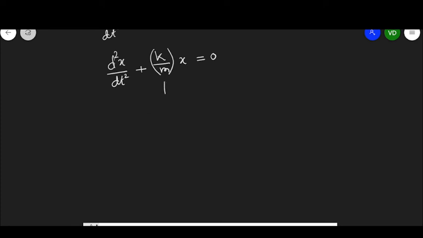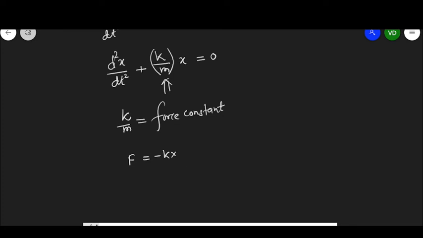What is interesting is this constant. What is k by m? That is called the force constant, and we can replace this force constant by another constant. In 12th you must have studied this, but why it was taken like that, let us discuss in detail here. Let us go back again to the equation, F equal to minus kx.